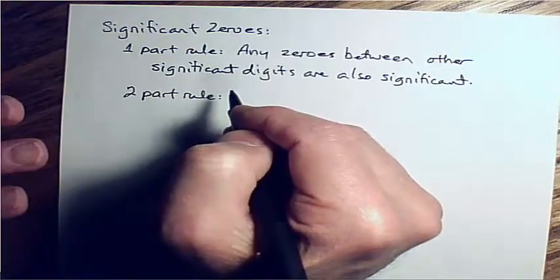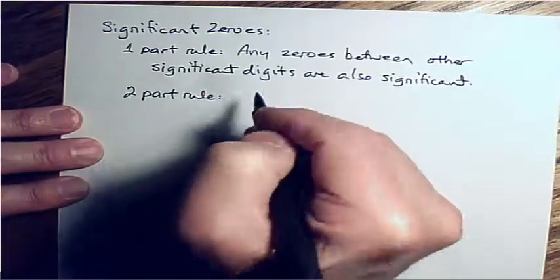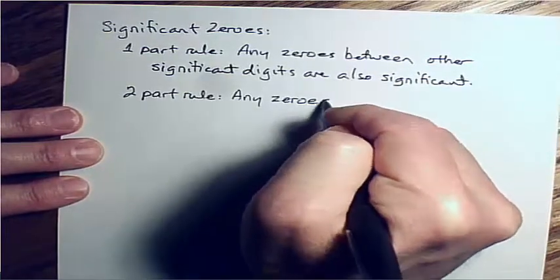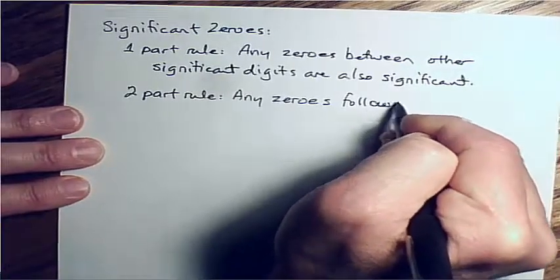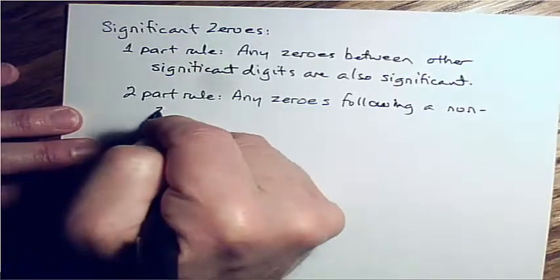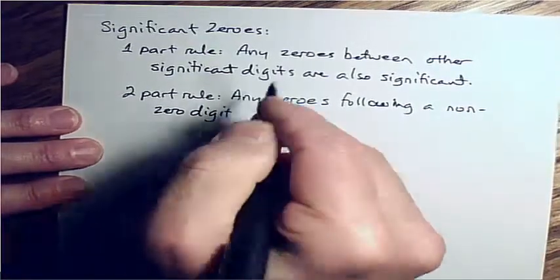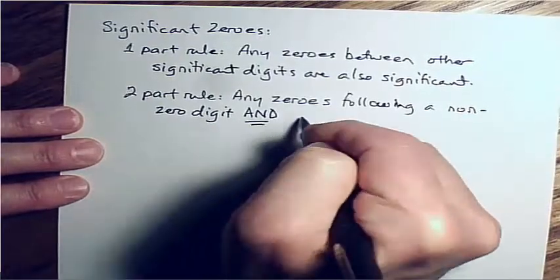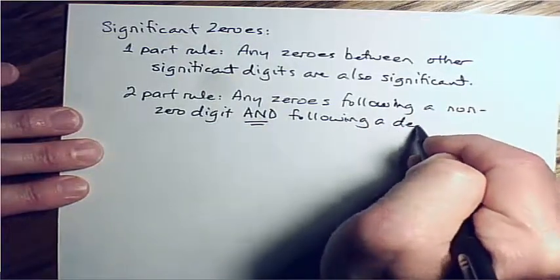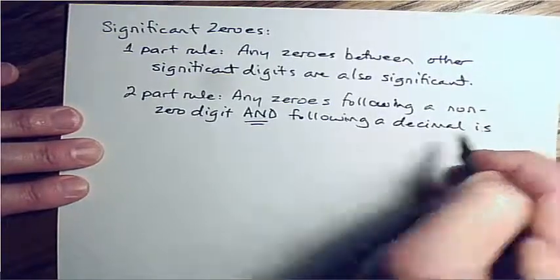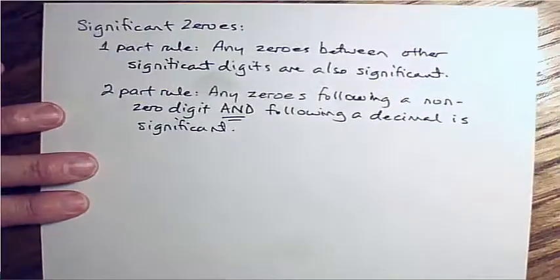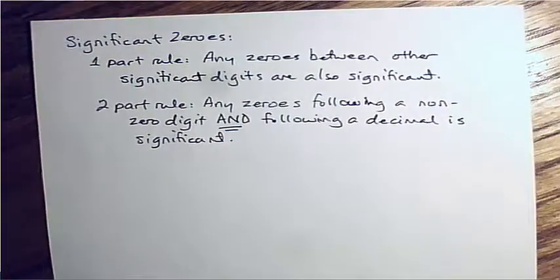So that rule is: any zeros following a non-zero digit and following a decimal are significant.